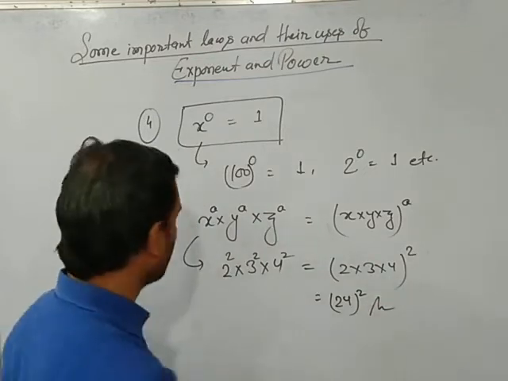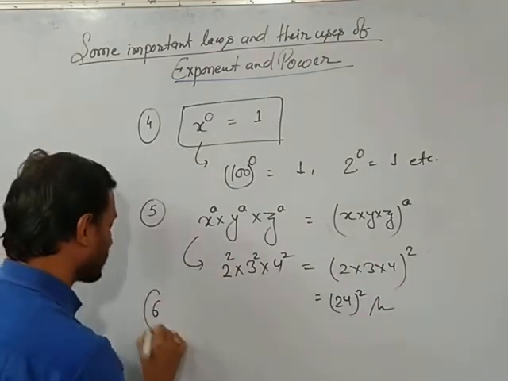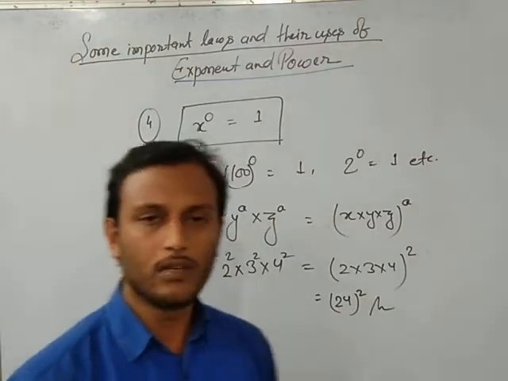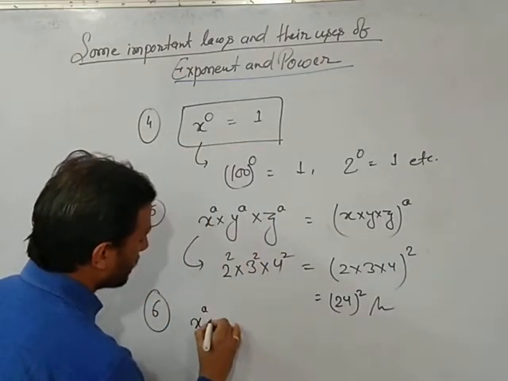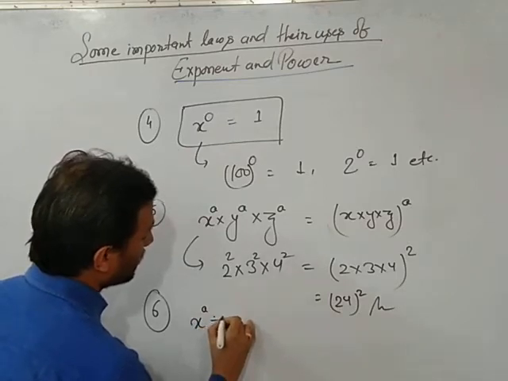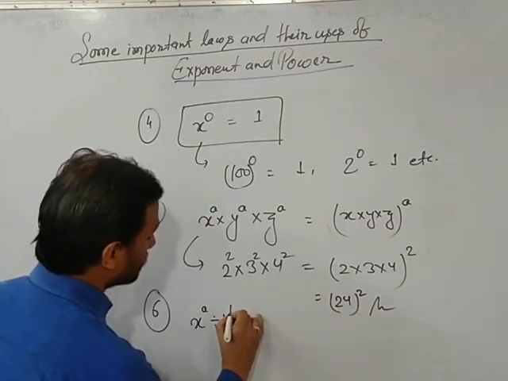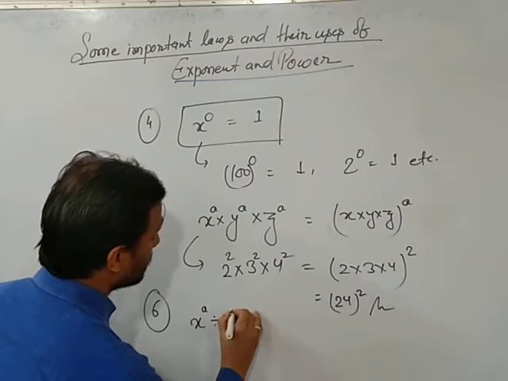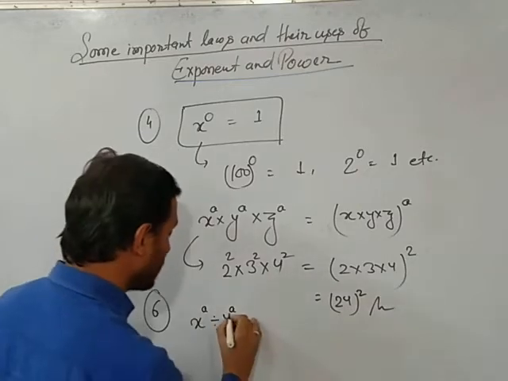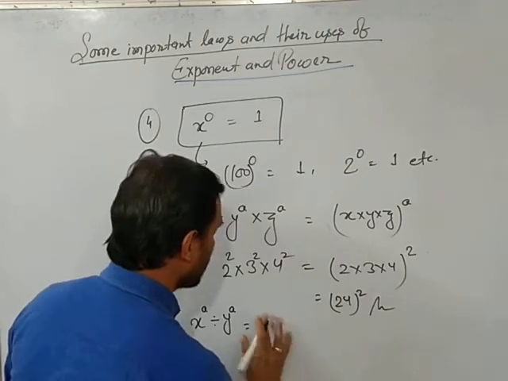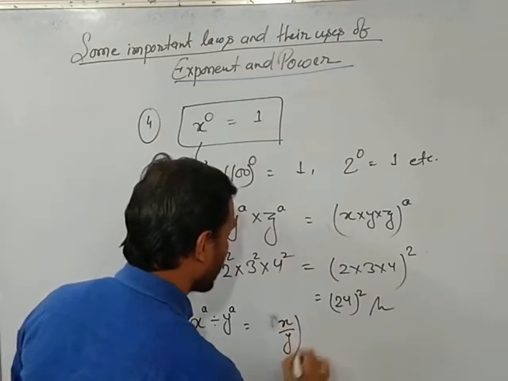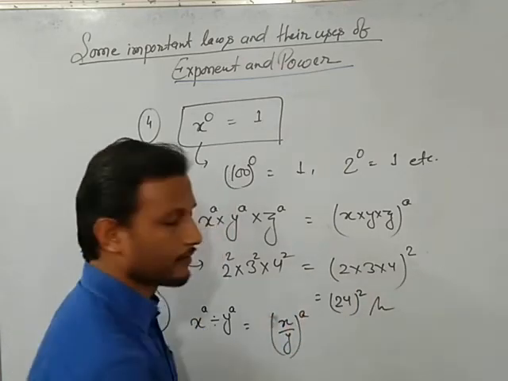Now comes rule number 6. Champions, rule number 6 is, if x to the power a is divided by y to the power a also, then the result will be x by y whole power a.